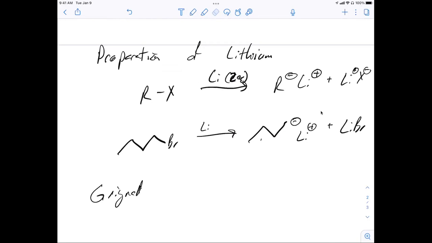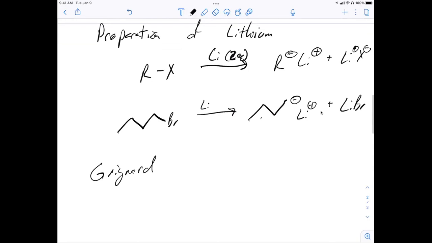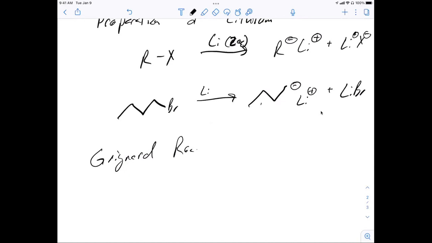right, that's my organomagnesium compounds.